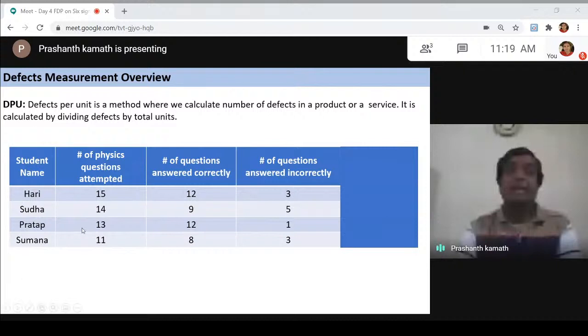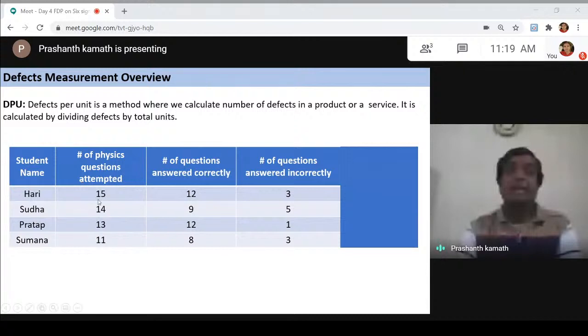There are 4 students, Hari, Sudha, Pratap and Sumana. These are the number of questions that they have attempted in physics. Hari has attempted 15, Sudha has 14, Pratap attempted 13, and Sumana attempted 11 questions.